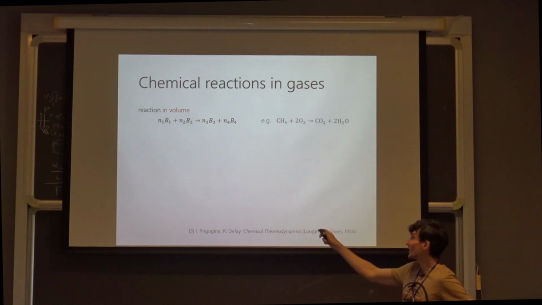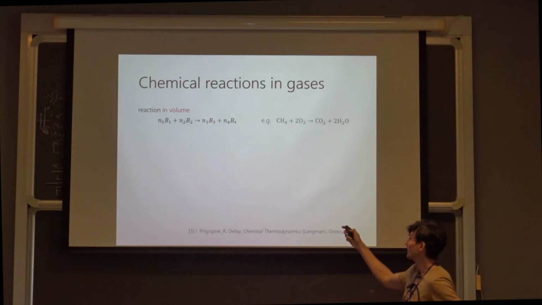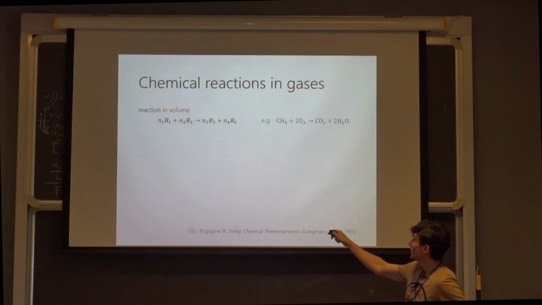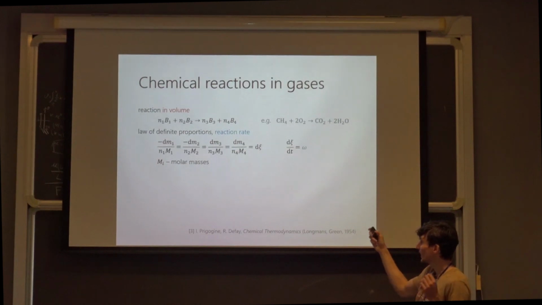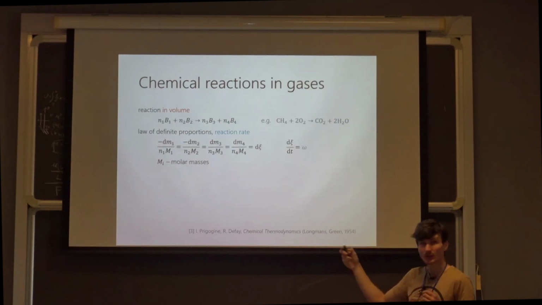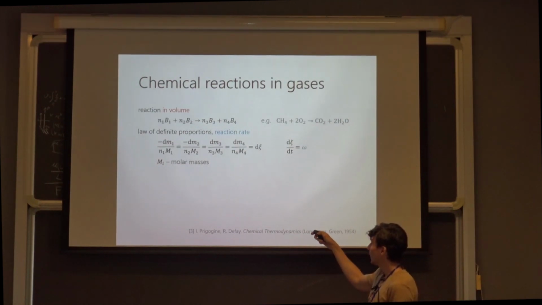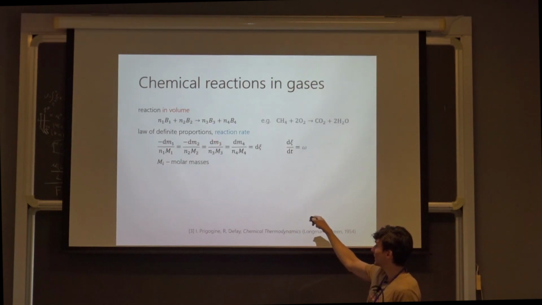So remember reactions in the volume. I guess that's university undergrad stuff. If we have a reaction between gases in the volume, like methane and oxygen, by definition of stoichiometry, we have the proportionality between consumed masses of these reactants and produced masses of the products, and the molar masses and the stoichiometric coefficients.